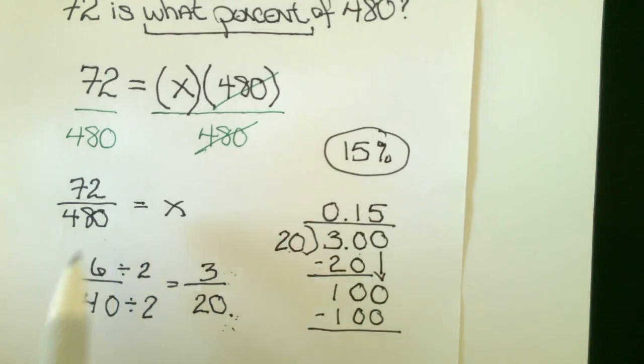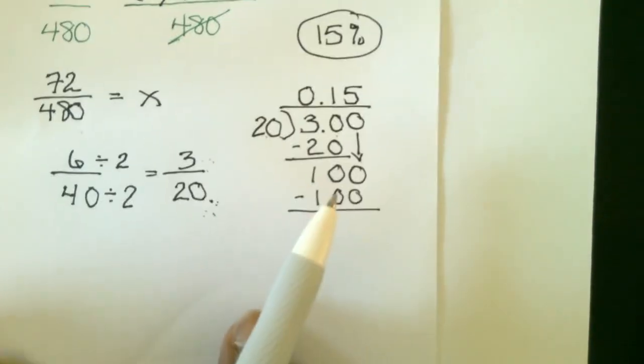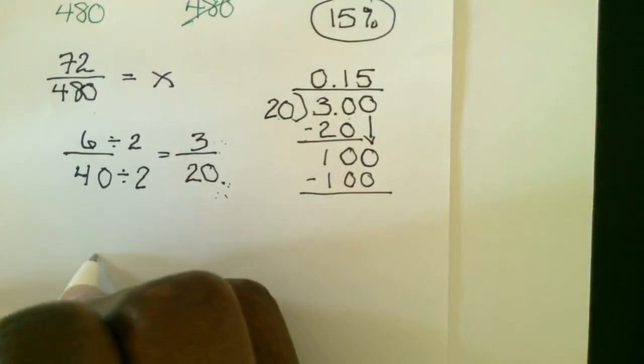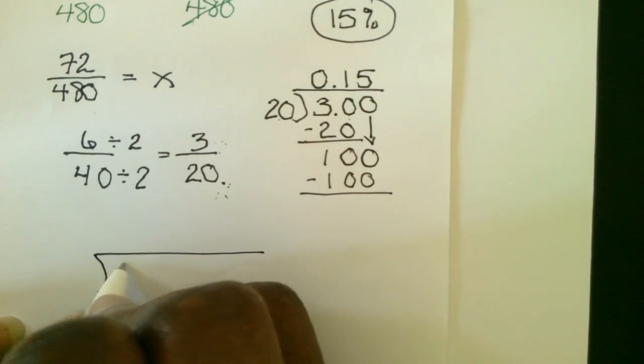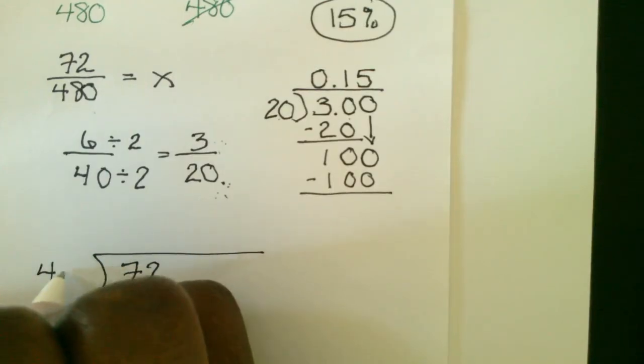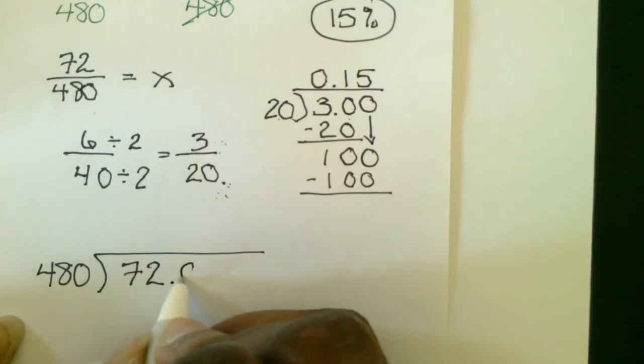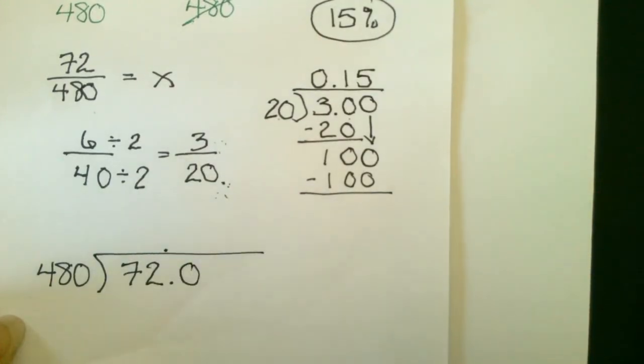Okay. So if you want to, you could have gone straight with the division with the 72 and the 480. Well, obviously I'm going to need a decimal, adding a 0. So then I have to think 480, well, if I times 48 by 2, that's going to be more than 720.